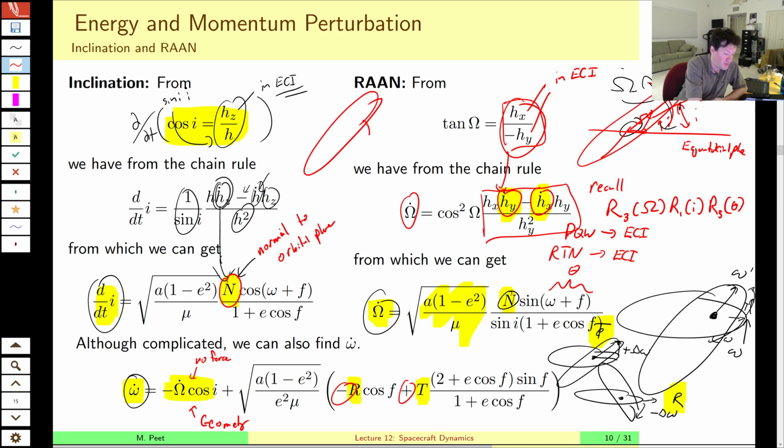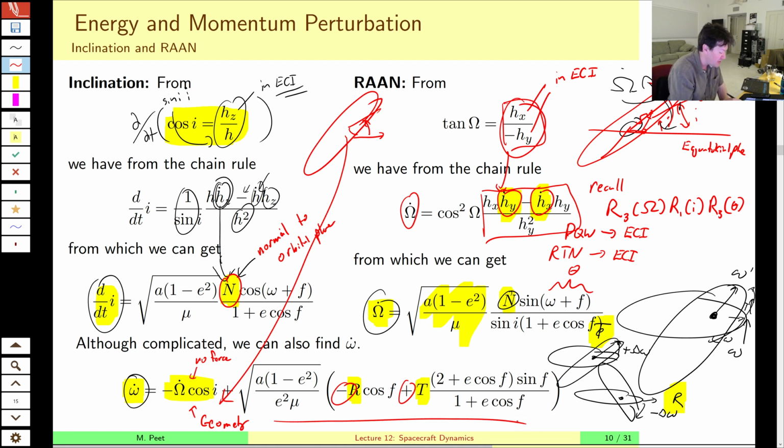For a given inclination, if this argument changes, then with all the other orbital elements fixed, that automatically causes some change in the argument of perigee. These two are directly caused by the forces. This is also caused by the force, but it's coupled through this equation, so changes in omega dot lead to changes in the argument of perigee.